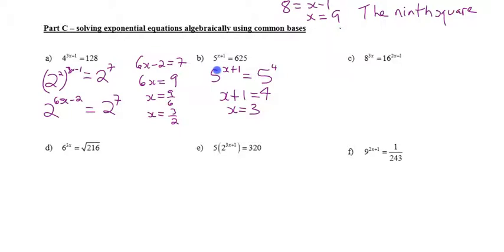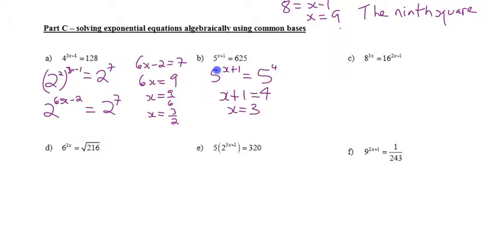8 to the 3x equals 16 to the x minus 1. Okay, 16 can be written as 4 squared, or what can we write both 8 and 16 as a power of? Okay, so 8's not a power of 4. So go lower, go to 2.